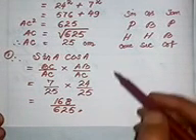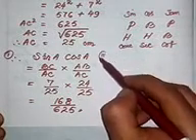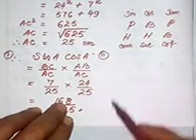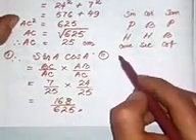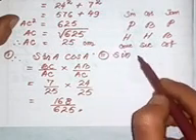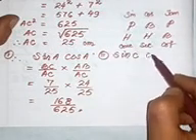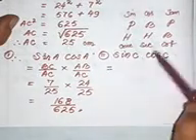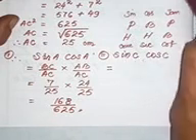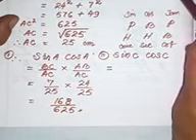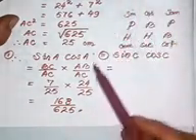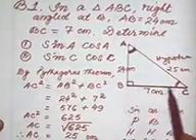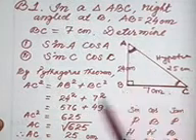Now for the second one, I'm going to write here only. Second one, what do we have to find? Sine C into cos C. This time we are going to take angle C. Sine C means sine of angle C. When we take angle C, base will be BC and perpendicular will be AB.